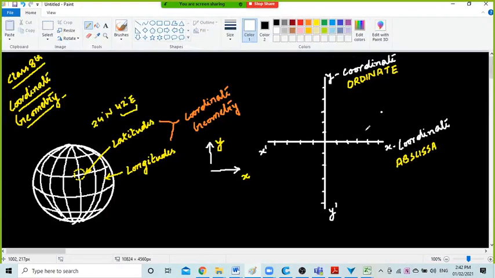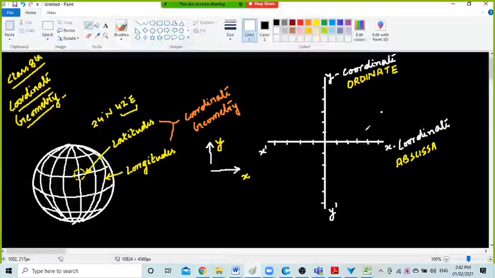Okay. Now let's say if I'm going to represent any point over here, how can I represent it? Let's say the point over here is this, and I call it P. Fine. So first, you have to represent the value of x, and after that you have to represent the value of y.